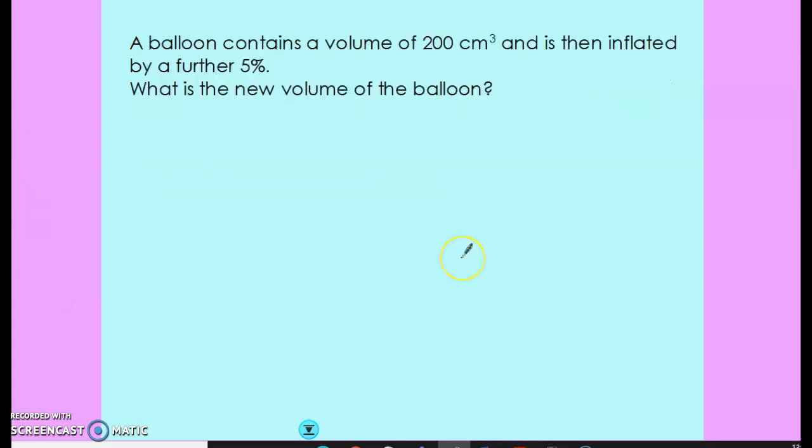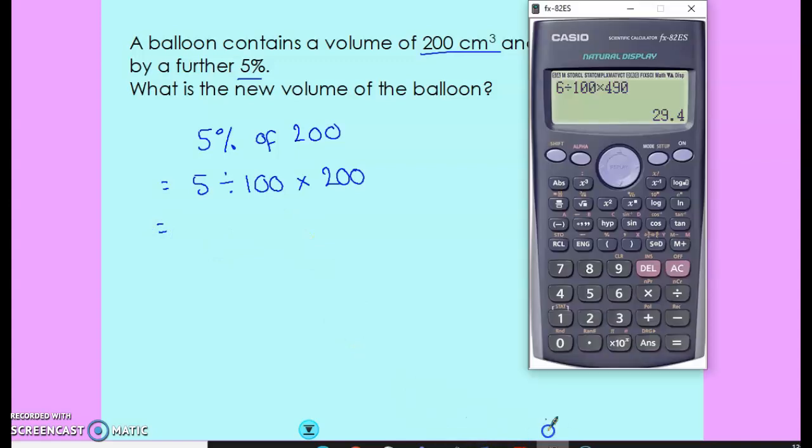Okay, so a balloon contains a volume of 200 cubic centimetres and is then inflated by a further 5%. What is the new volume of the balloon? It was 200 cubic centimetres. We're going to increase it by 5%. So we need to know what 5% of 200 is. Percent means out of 100, so do 5 divided by 100 times 200. Again, nice numbers with this one.